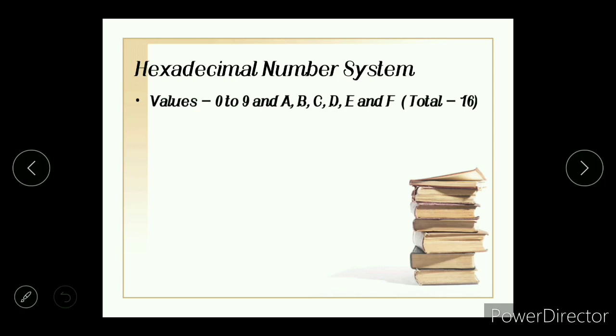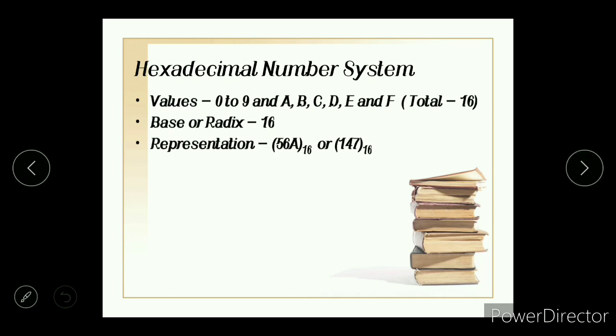Okay, but after 9 we will have A, then B, then C, then D, then E and last F. Okay, so total values in hexadecimal number system is 16. So the base of hexadecimal number system is 16, correct. So if I want to represent a hexadecimal number system, we'll have to write the number and subscript base, correct.